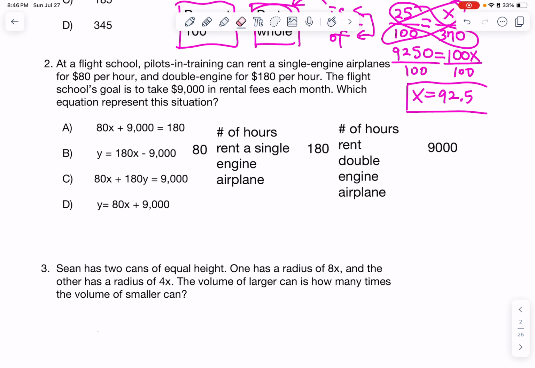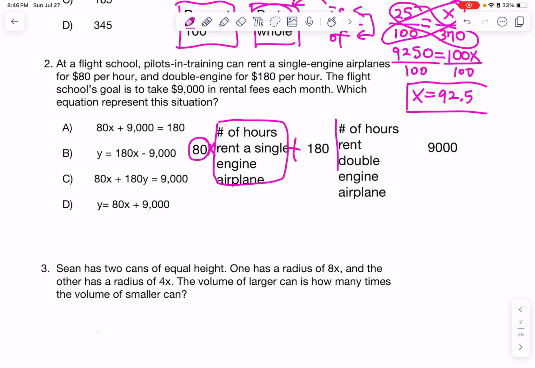So we can set up the equation. First, we don't know how many hours we rent a single-engine airplane, but the price per hour for renting a single-engine airplane will be $80. So 80 times the number of hours to rent a single-engine airplane, plus the number of hours to rent a double-engine airplane, which we don't know.